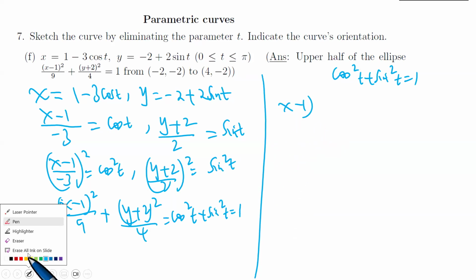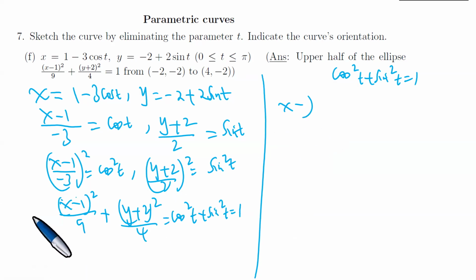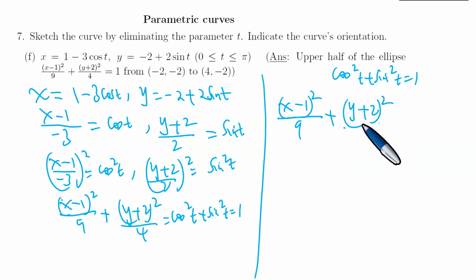So now we have y plus 2, cosine squared plus sine squared equals 1. And this thing here becomes what you call the, because it runs from this to this.